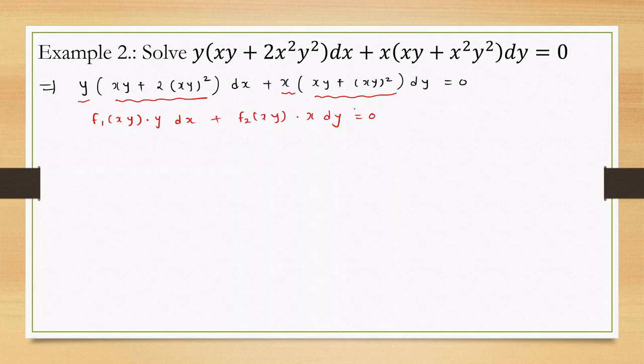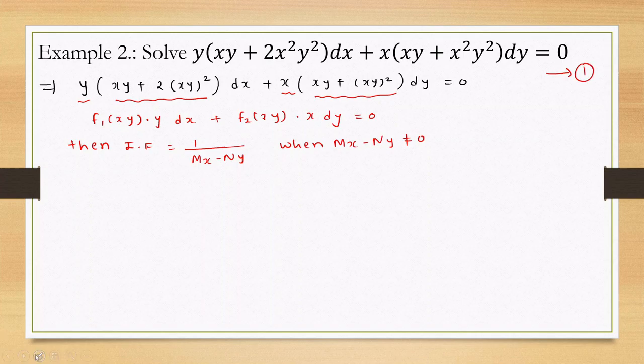Then the integrating factor for this is equal to 1 upon Mx minus Ny, when Mx minus Ny is not equal to 0. Right? Okay. Now, we mark it as equation number 1.